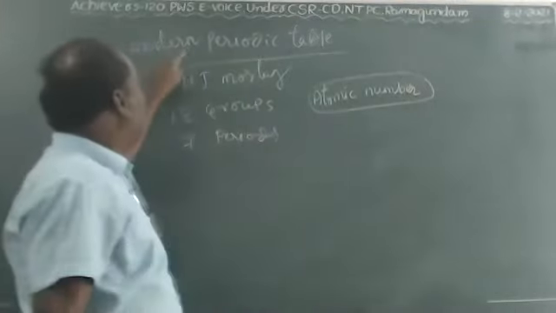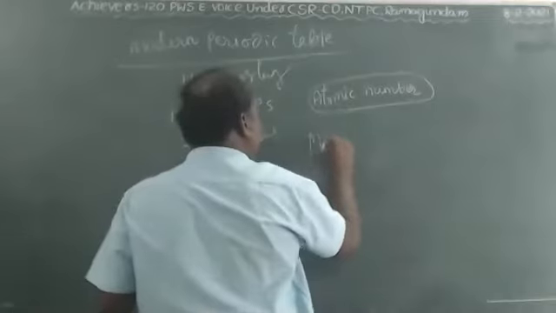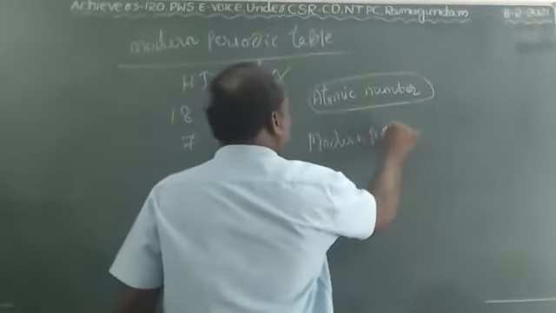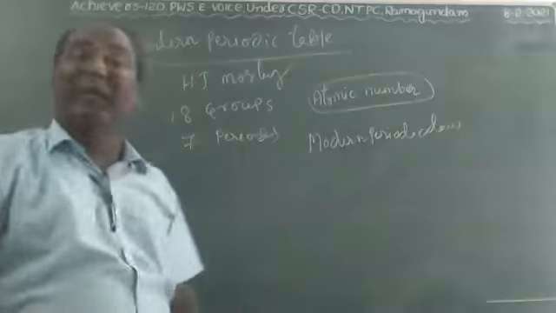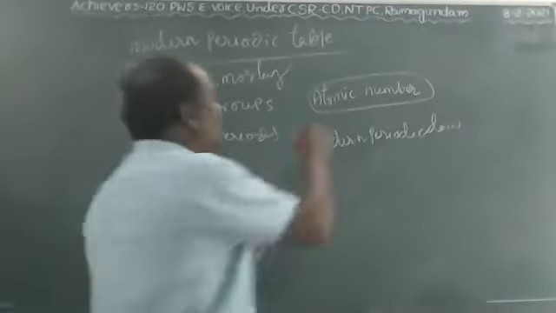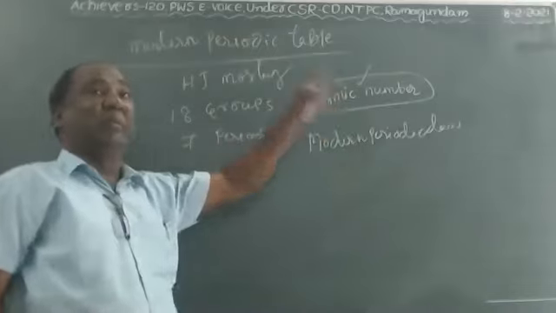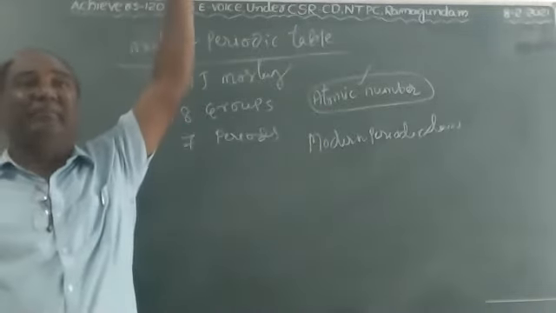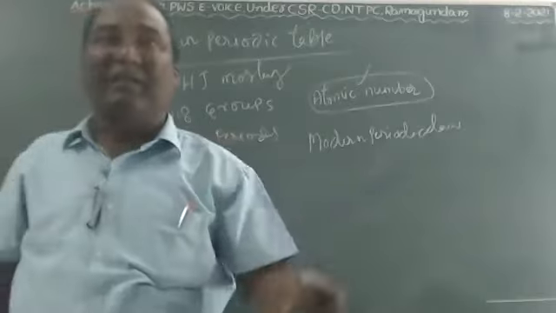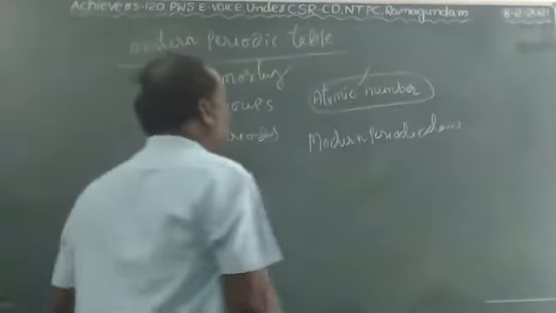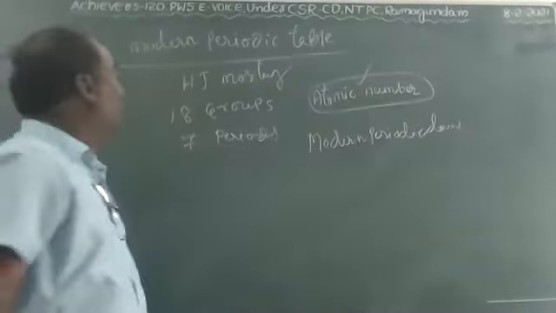Now the modern periodic table is based on atomic number, so write the modern periodic law: the physical and chemical properties of elements are periodic functions of their atomic number. Because the modern periodic table is based on atomic number, and Mendeleev's is based on atomic weight. Okay, children, this is called the modern periodic law.